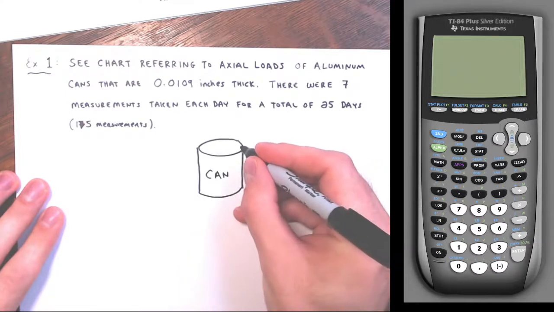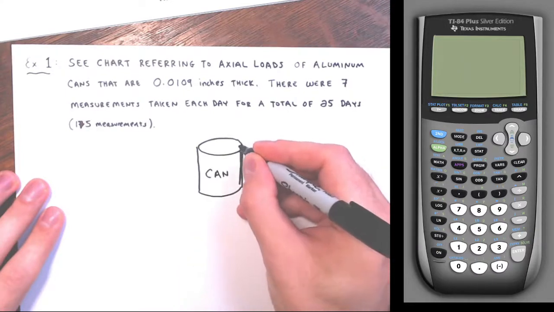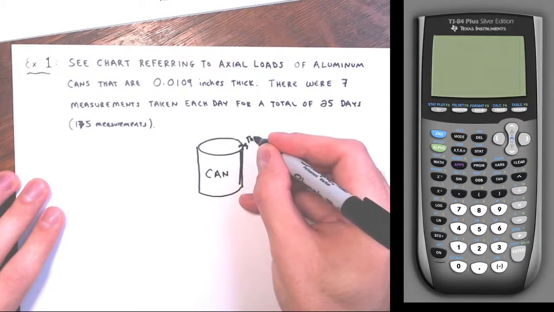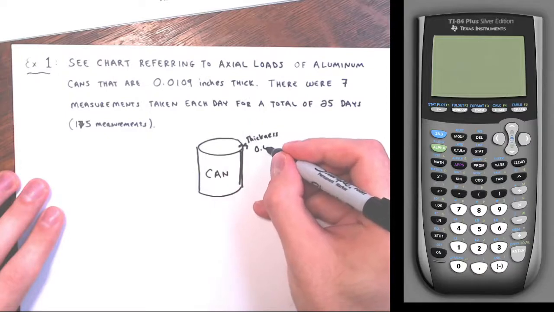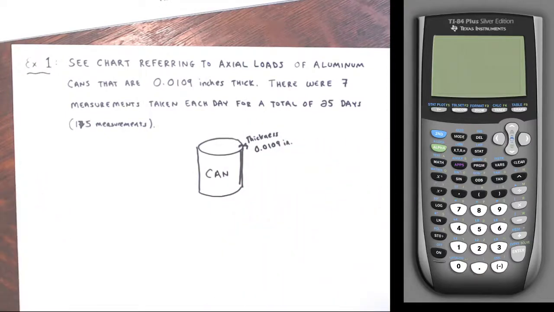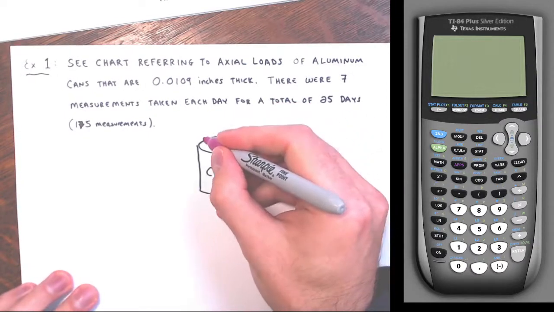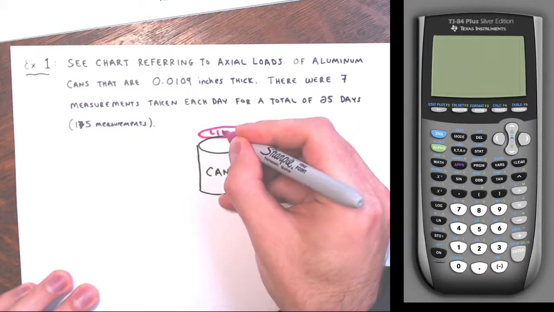Right, and the thickness of the cans, right? If you talk about the thickness of the sides, the thickness of these cans is 0.0109 inches, very thin, right? And then axial load is the lids. Right, here's the lid of the can.